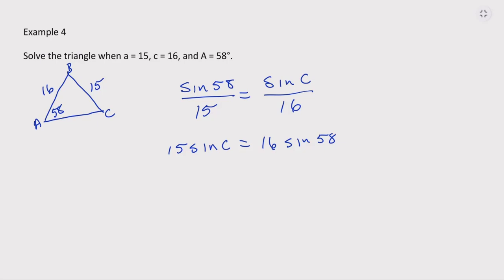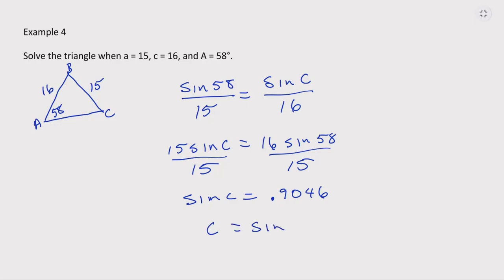Divide by 15, and sine of C is 0.9046, and so C would be the arc sine. To keep it exact, I'm going to put the 16 sine of 58 in here. I want it to be as close as possible.